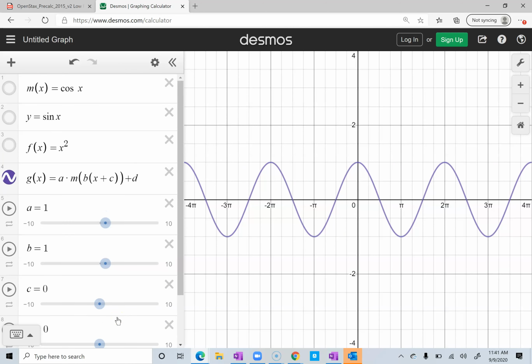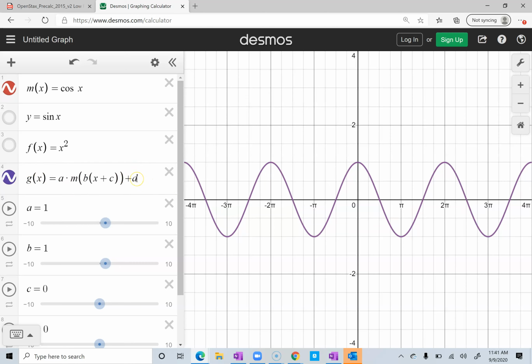I want D to be 0. Okay. All right, y'all. The red function is cosine. Starts at 1 and goes down. At 0, it's 1. It moves down. All right. Now I'm going to transform it. That's the purple over the top.